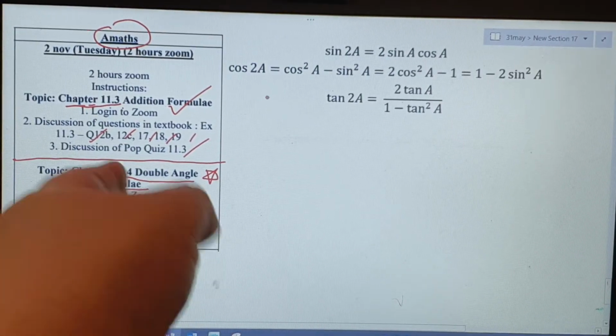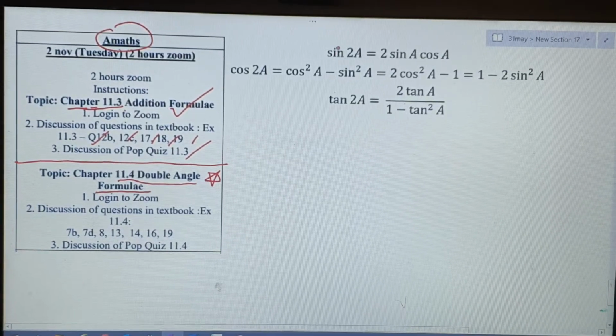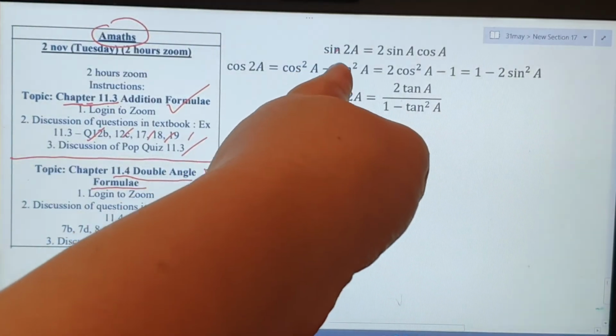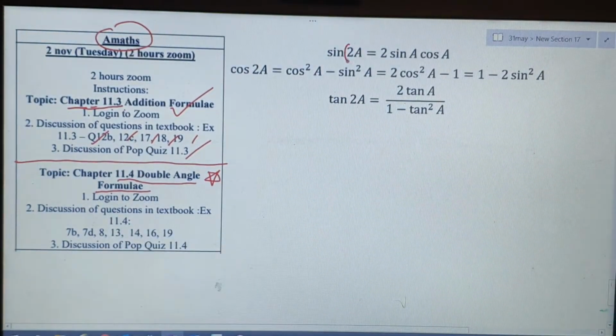Okay, so what is this double angle? Why is it called double angle? Now you know that sine of, let's say, 2a, this 2a will be an angle, or what we call the argument.